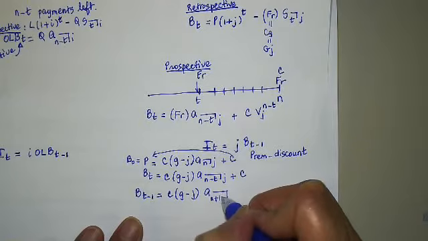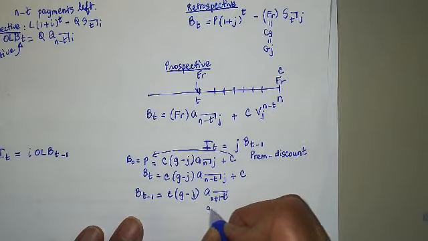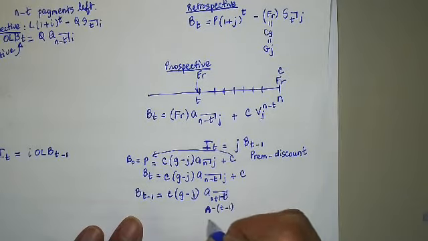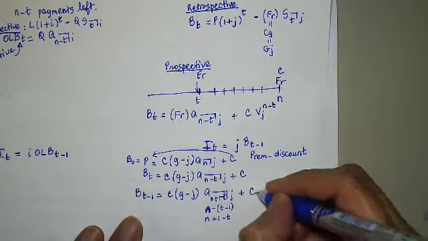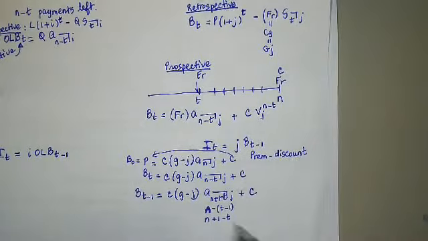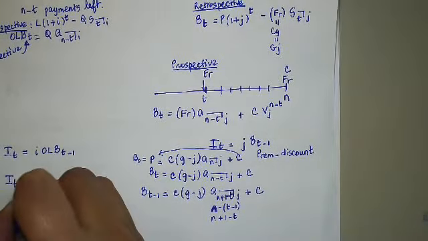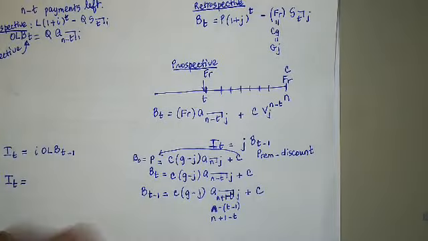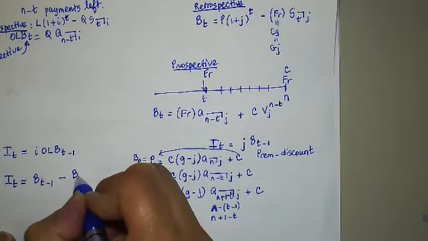So just like you had N payments left here, now you have N minus T payments left. And B of T minus 1 is equal to C G minus J A angle N plus 1 minus T, because it's like this, right? N minus T minus 1, so it becomes N plus 1 minus T, J plus C.